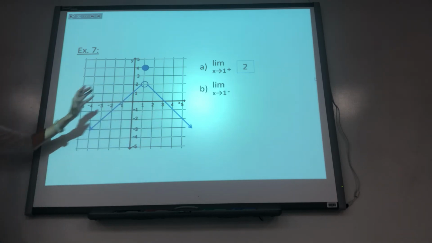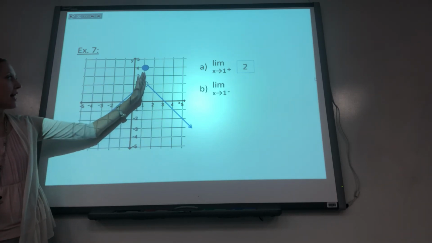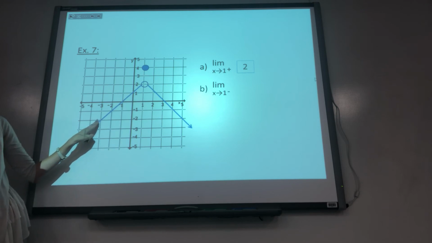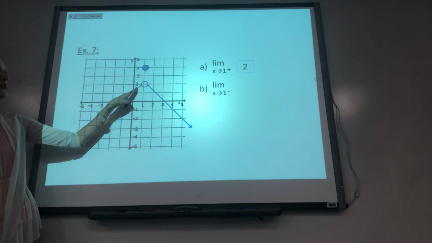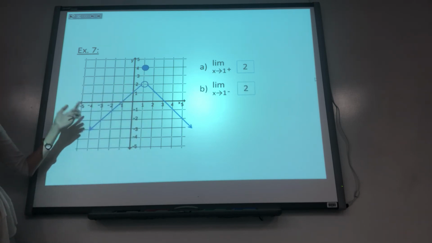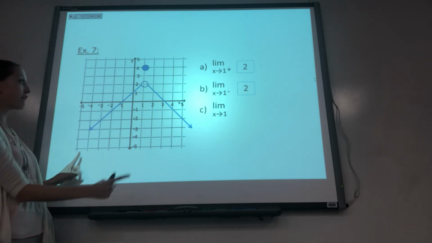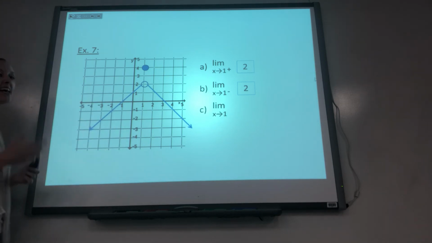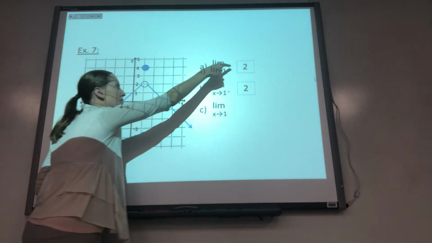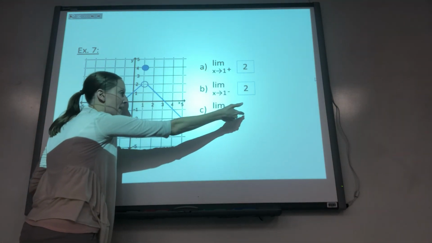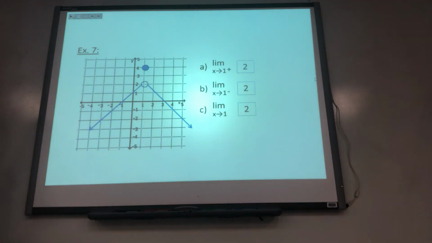What about as I approach x equals 1 from the left? 2. And you can go ahead and do both of your fingers if you want for part C, but like I said earlier, if these 2 answers are the same, then the limit from both sides would also have to be that number. So, answer to part C, the limit as x approaches 1 is just 2.